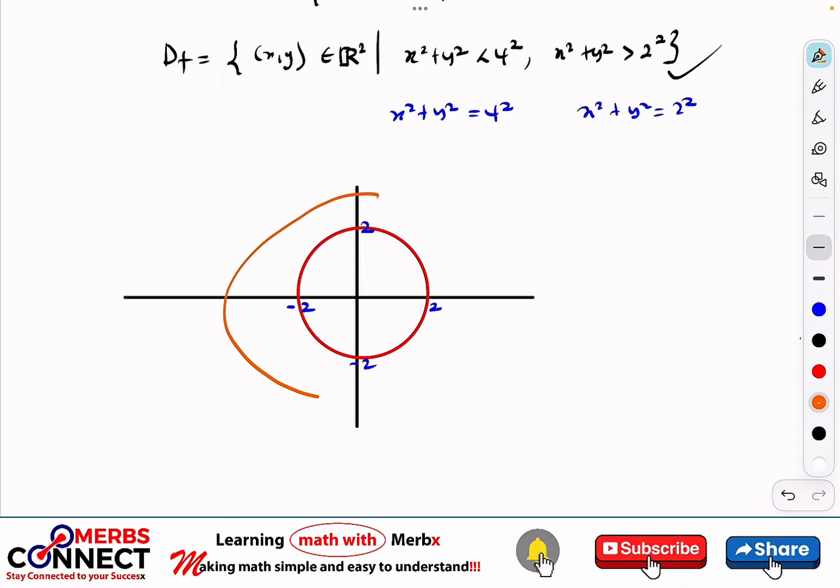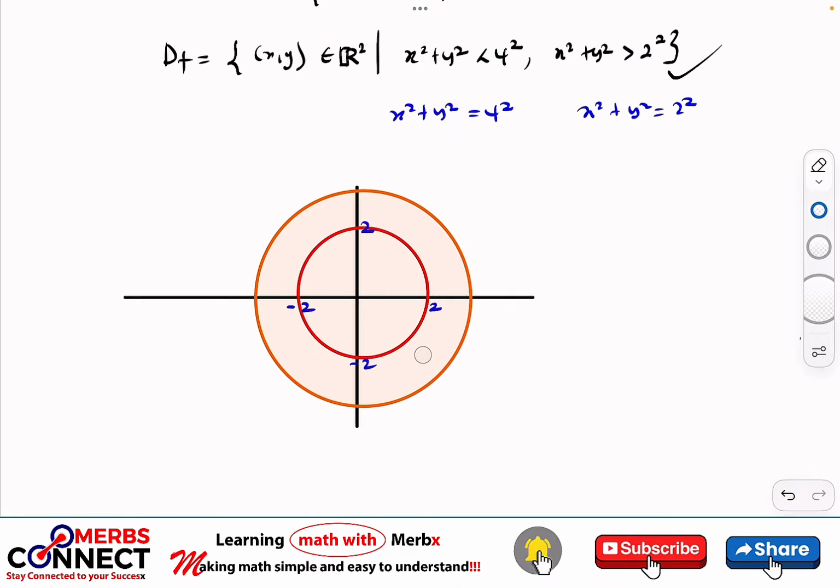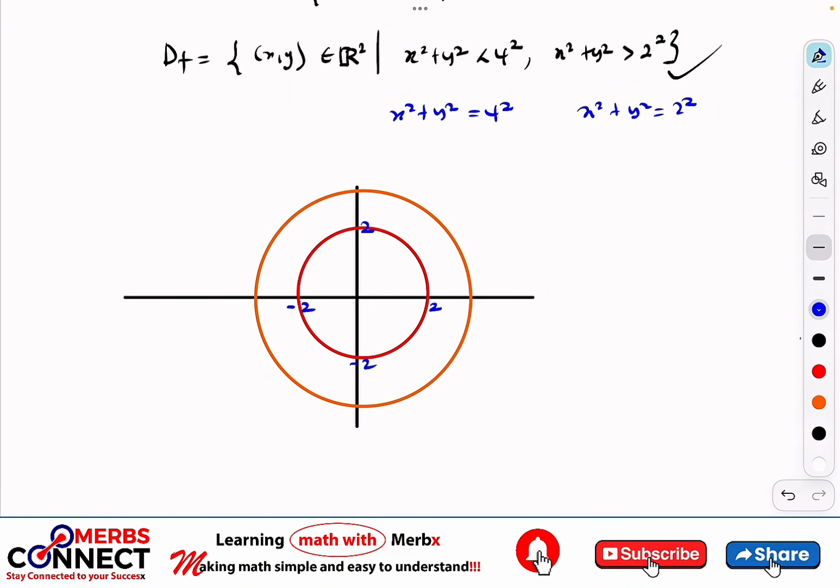Let me have that one to be the one with radius of 4. Great. Let me erase what is inside and have this one to be the one with radius of 4. Let me change the color here. So this one is the one with the radius of 4, 4, minus 4, minus 4.